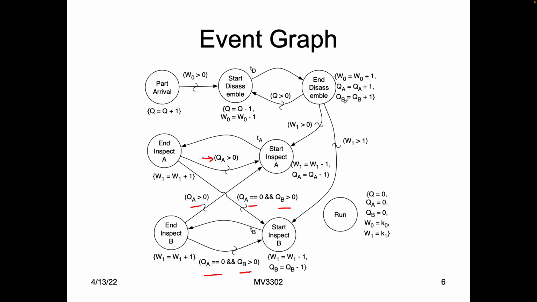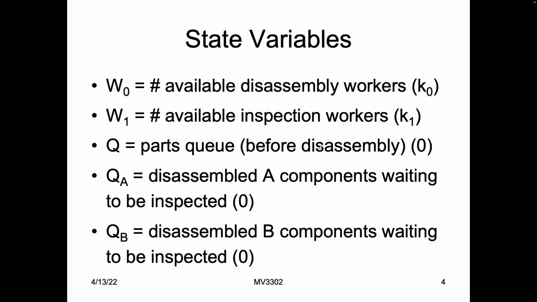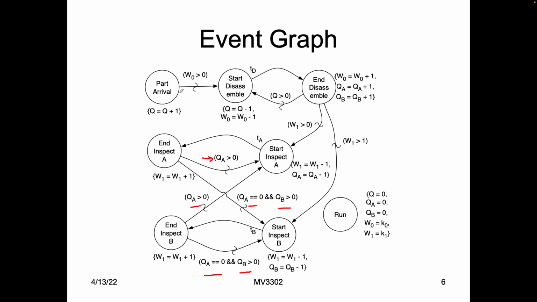Now, if you had to create this, you would do exactly the same thing that we've done so far. You define your state variables, and you identify all of these events without the scheduling.